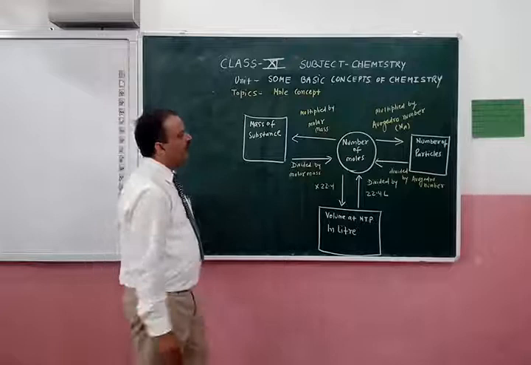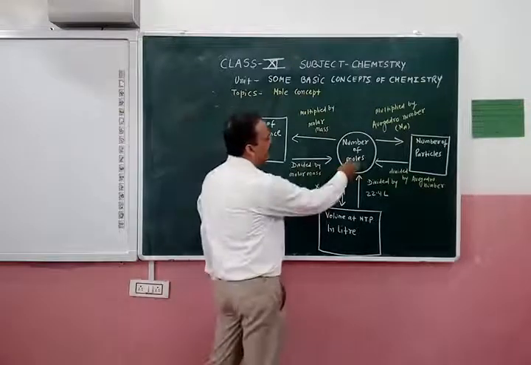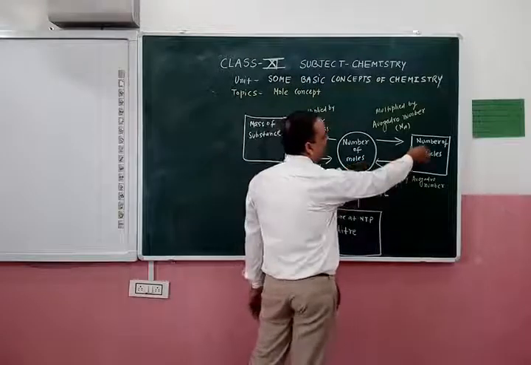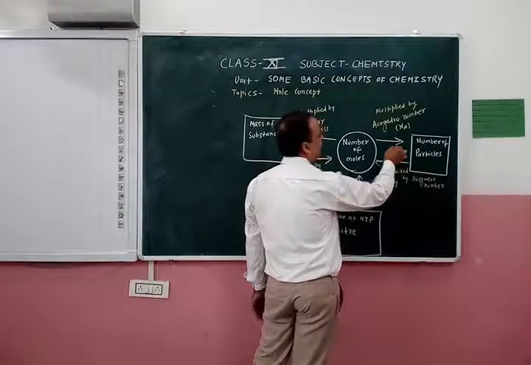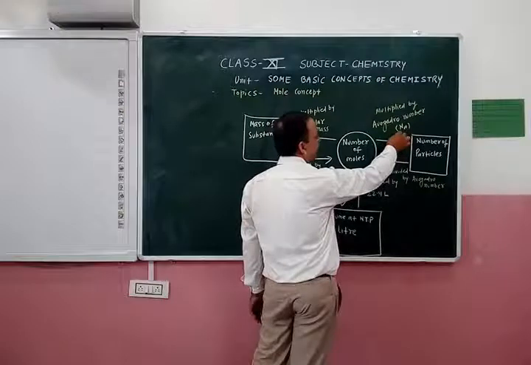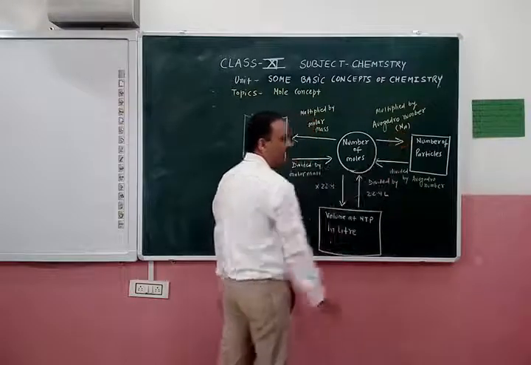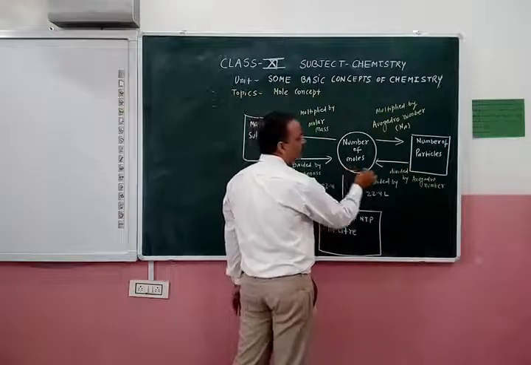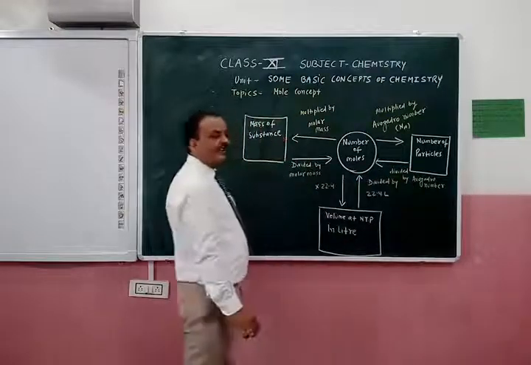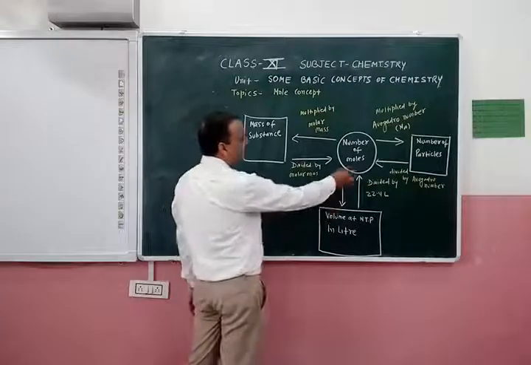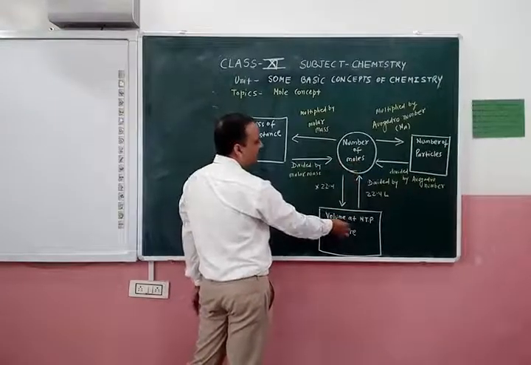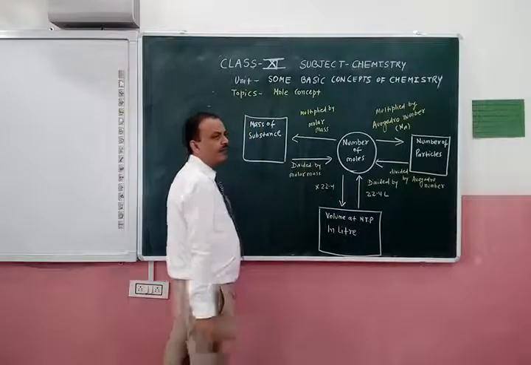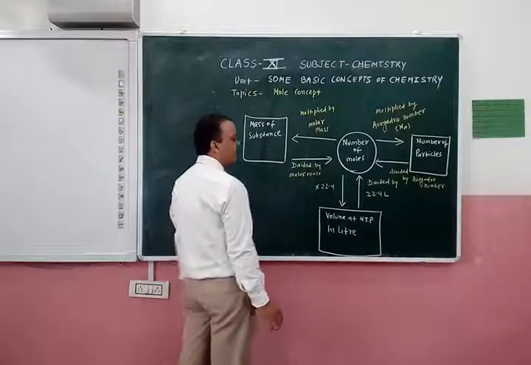Once more we go over this. If you have to convert the number of moles into the number of particles, you multiply by the Avogadro number Na. If you have to convert particles into moles, you divide by the Avogadro number. If you have to convert moles into volume, you multiply by 22.4.